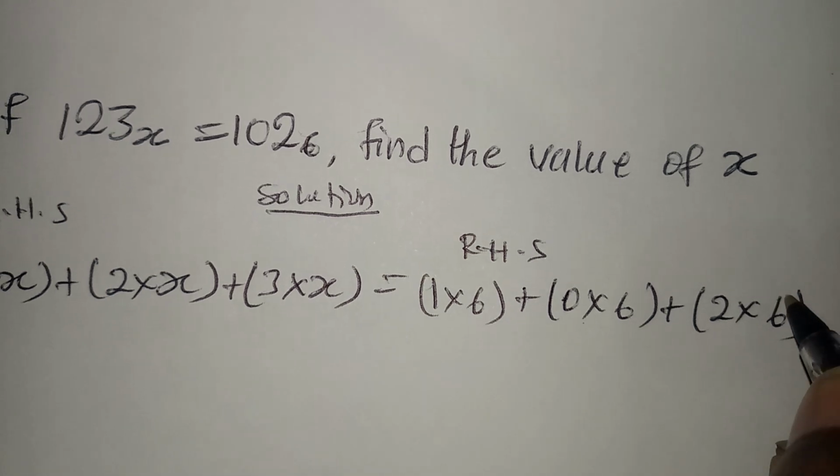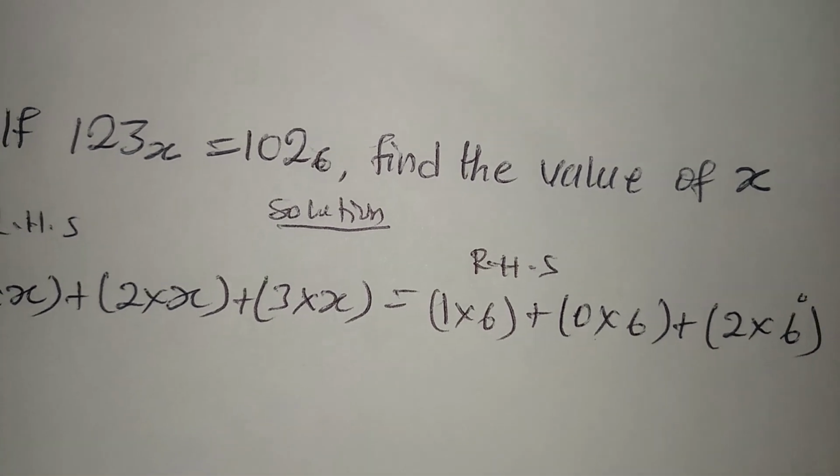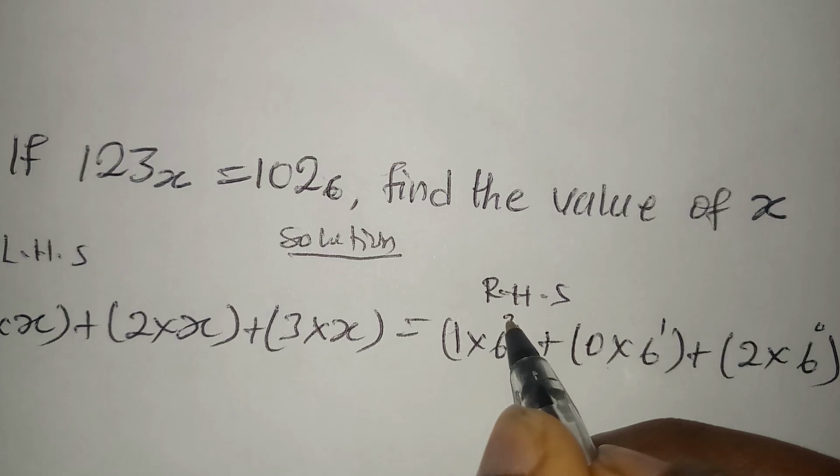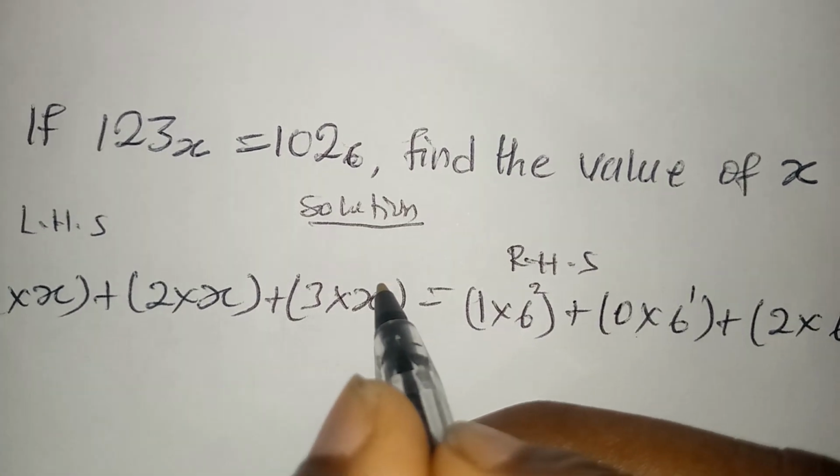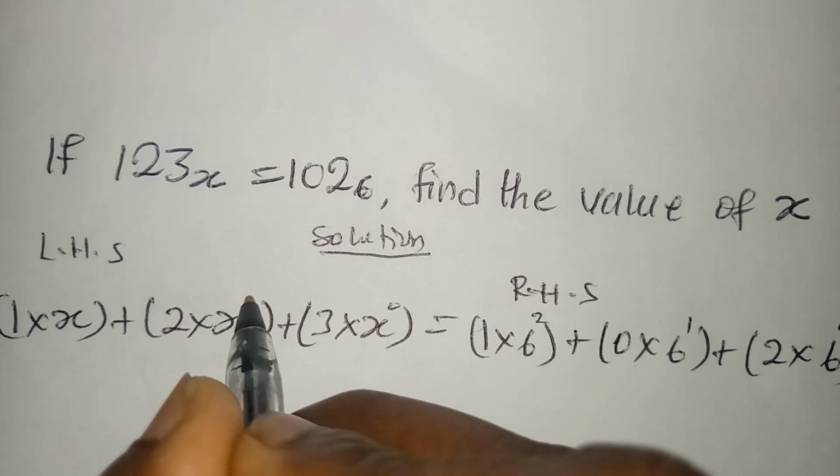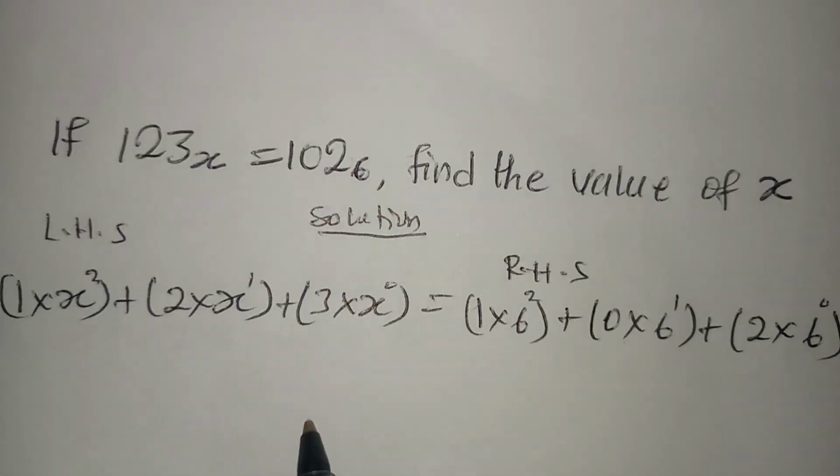From the right hand side, the exponents of the base will be 2, 1, 0. Likewise, the left hand side.